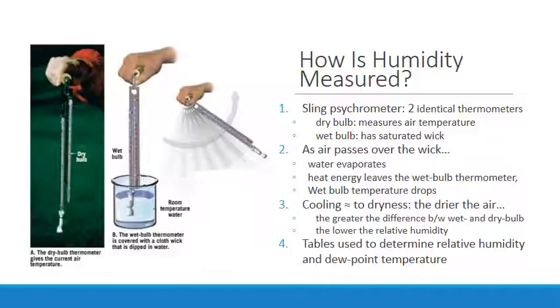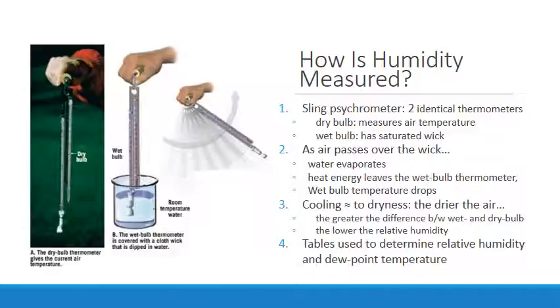Quickly, I want to just review for you guys in this presentation how you measure relative humidity. It's an interesting thing. I haven't located any sling psychrometers in our lab prep room, but I'll try to do so. We'll get a chance to actually go and measure these.